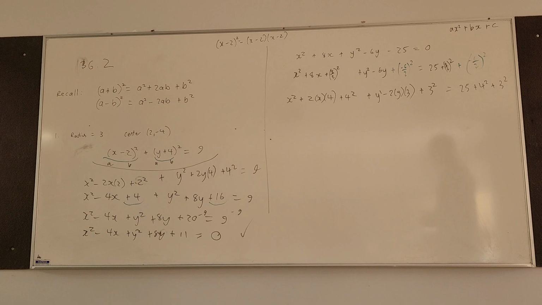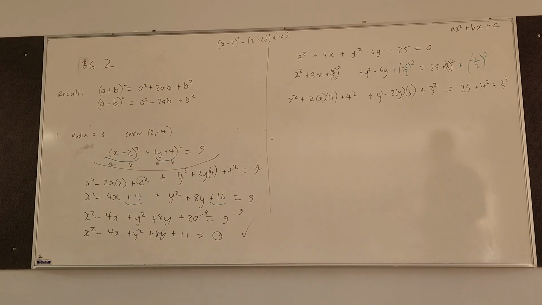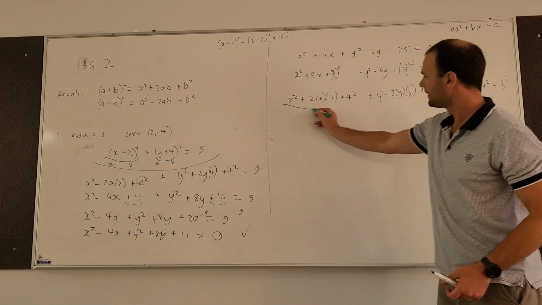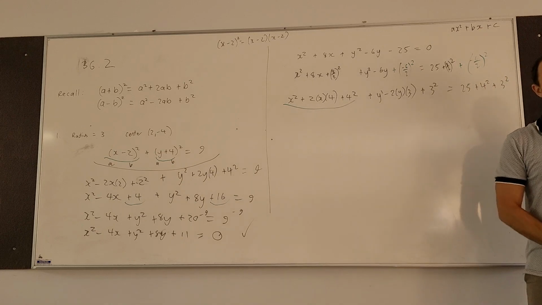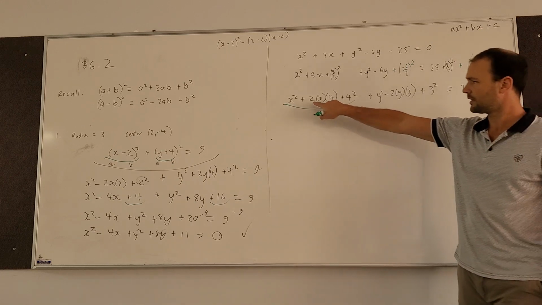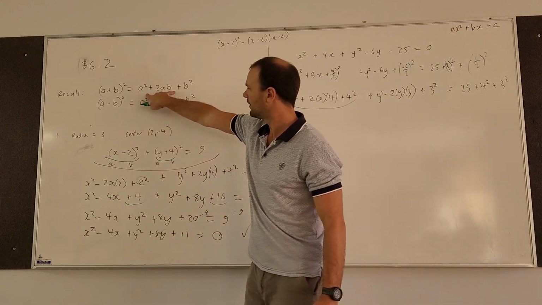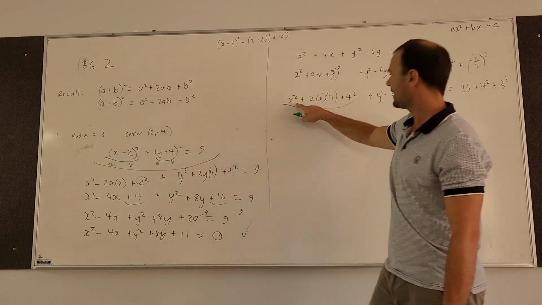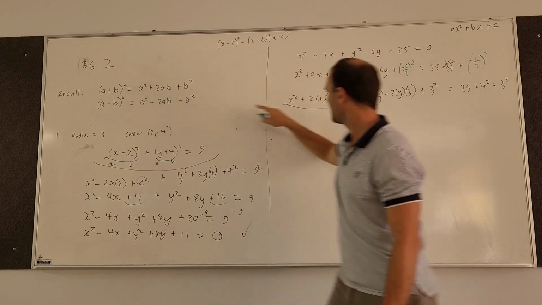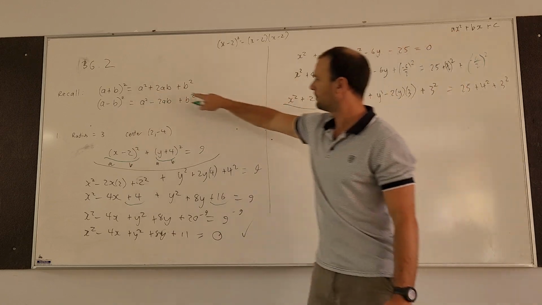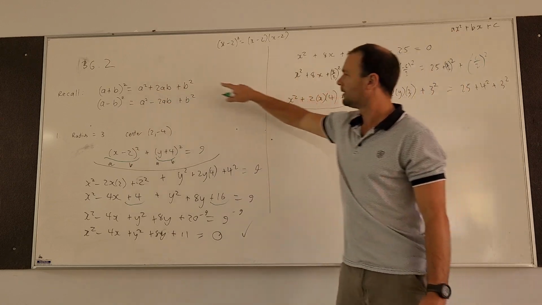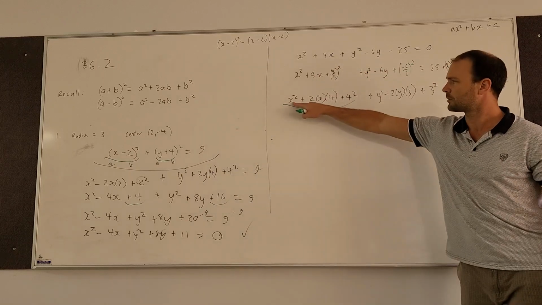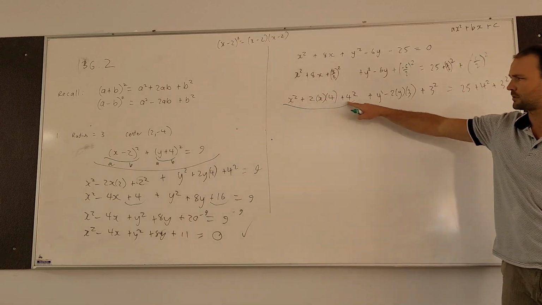Okay, so here's the reason why we've added b on 2 squared. We have made this a perfect square. Look at this and look at this. They have the same form, right? We have a squared, we have x squared. We have 2 times a, we have 2 times x. We have b is 4. So hopefully you can see a corresponds with x, b corresponds with 4.